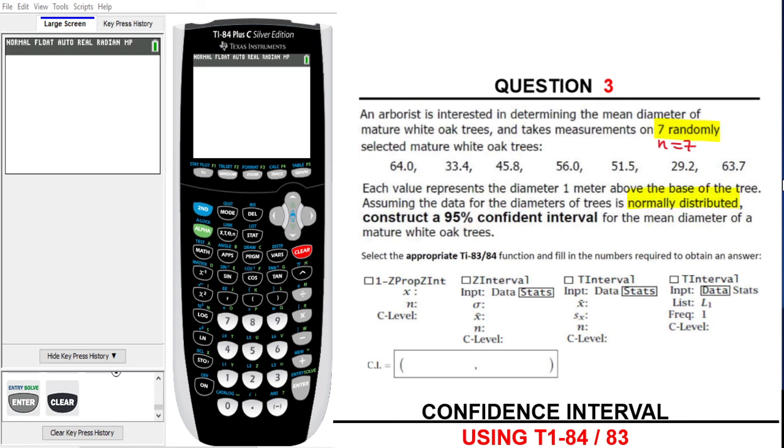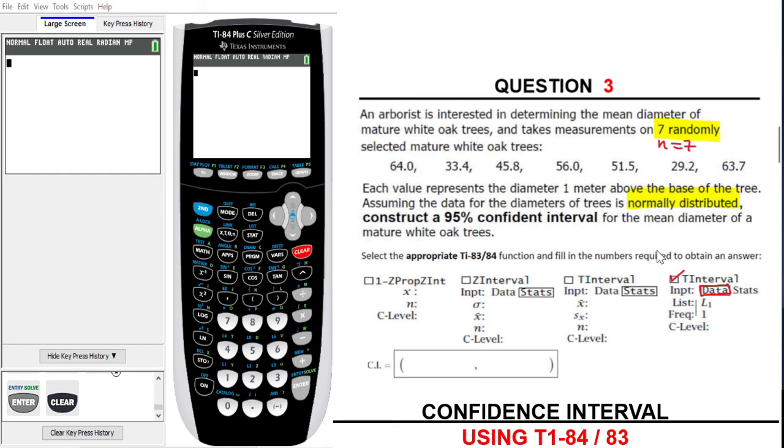So that satisfies all 3 conditions for the t distribution. So in this case, we know we are going to use the t interval. However, we have been given the raw data of the sample. So what do we do?